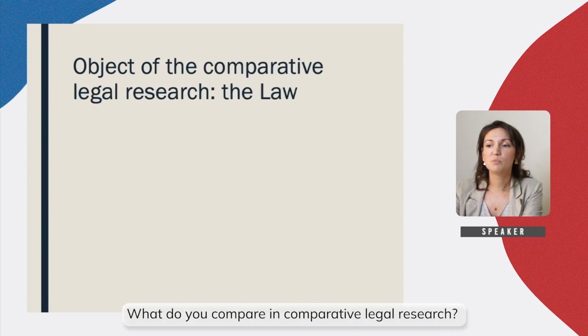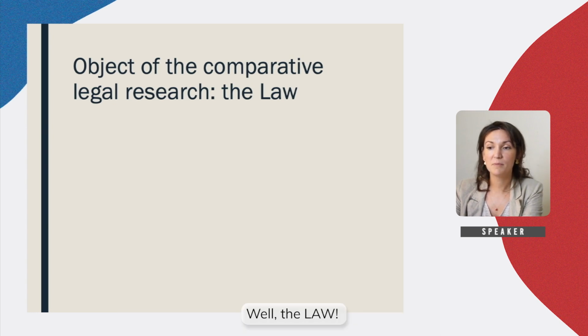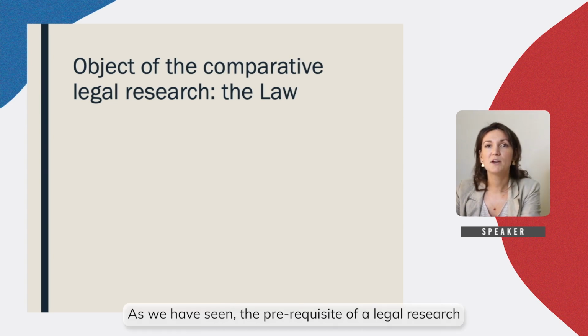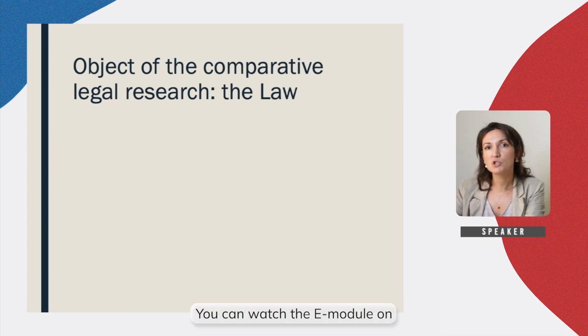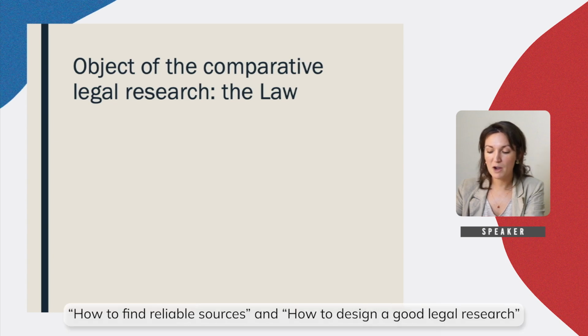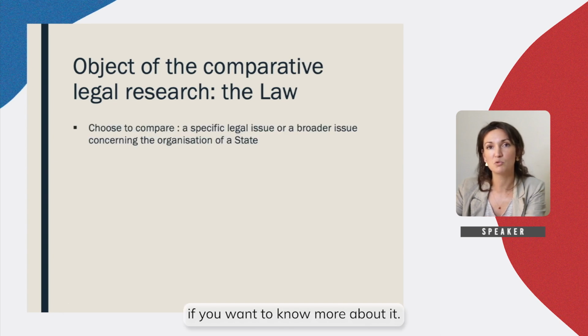What do you compare in comparative legal research? Well, the law. The law is the object. As we have seen, the prerequisite of a legal research is to analyze legal sources, primary and secondary. You can watch the e-module on how to find reliable sources and also the one on how to design a good legal research topic if you want to know more about this.